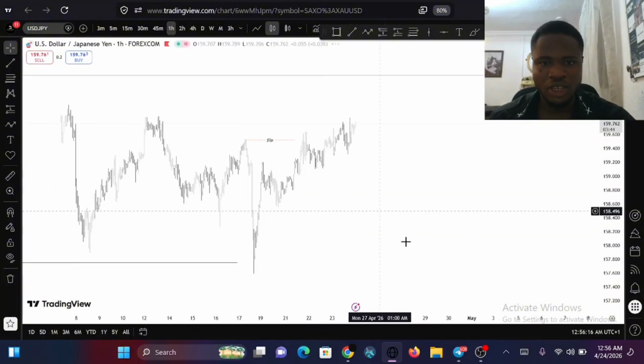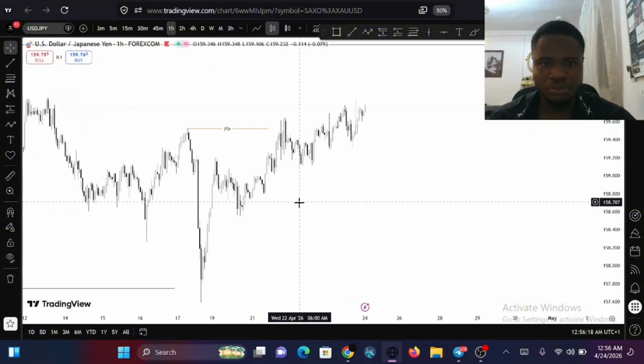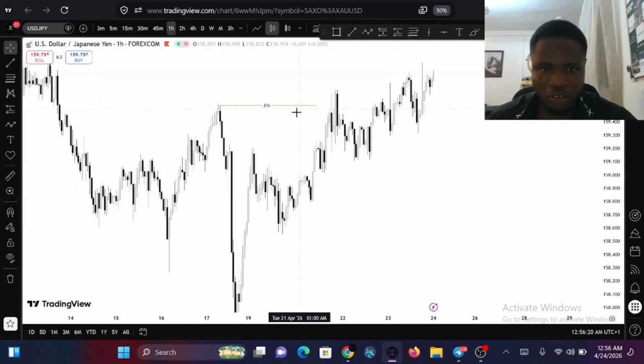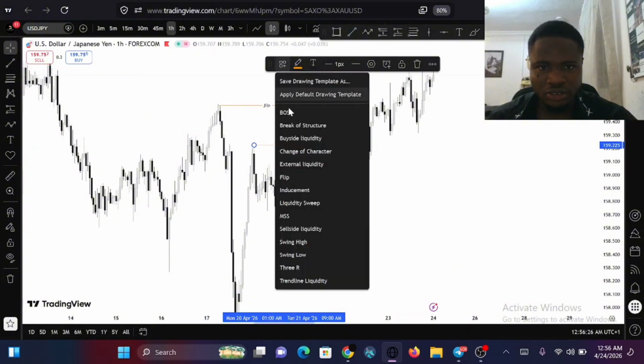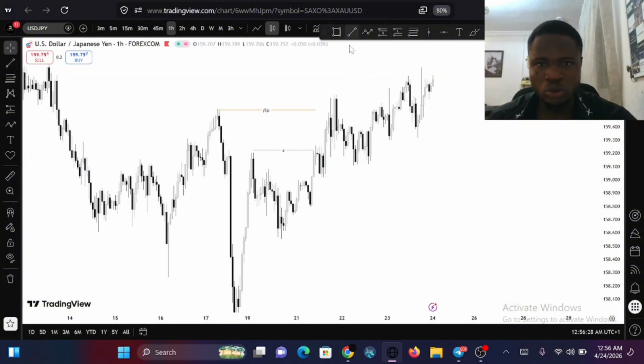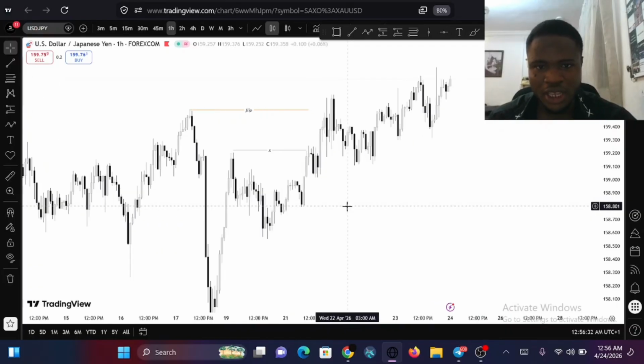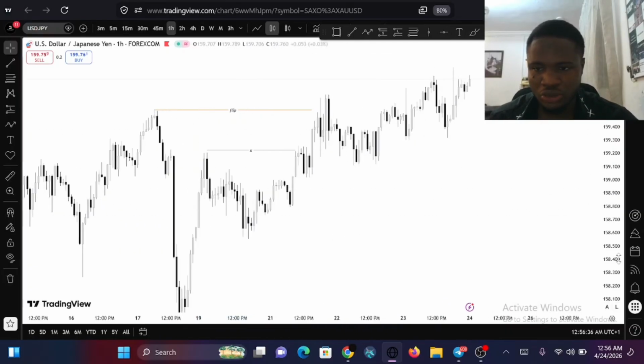Look at how I got in on this particular entry. Before price flipped this zone, you can see price was creating a series of higher highs and higher lows. So price was already creating structure before we had that flip. Look at our structure before the flip.